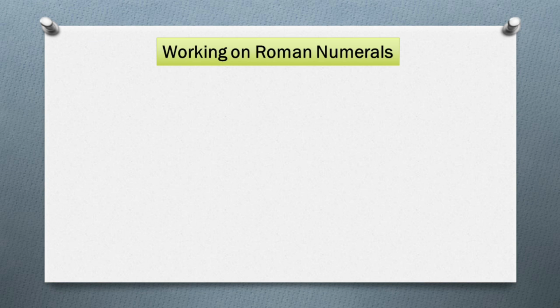Let's now apply some of these rules and make some Roman numbers. Let's take the first number as 78. The easiest way to write it in Roman form is to break it as 70 plus 8. Now, how do we write 70 in Roman numerals? We know that L represents 50 and X represents 10.